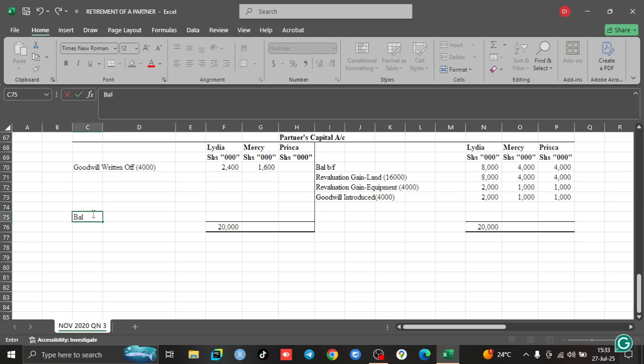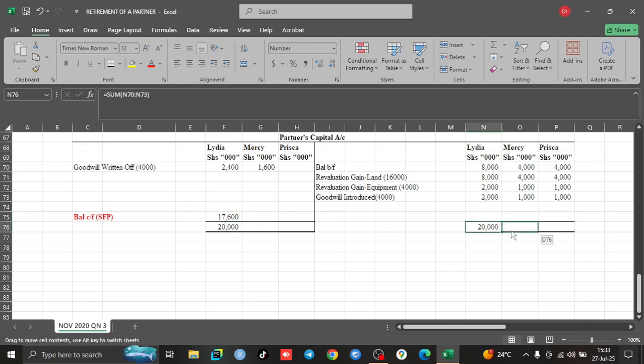So our balance carry forward, which is now going to be reported to the SFP, and which we're also going to use to get our interest on capital for the next 6 months, because after the terms have changed, our capital and interest on capital will have to change. So our balance carry forward is the difference between 20 and 2,400, 17,600.